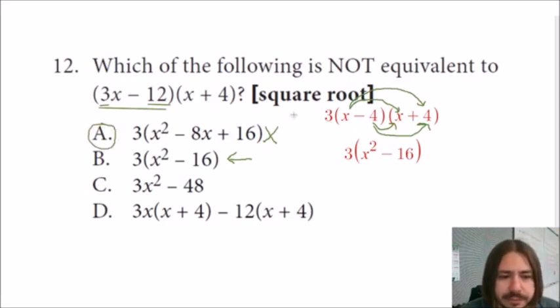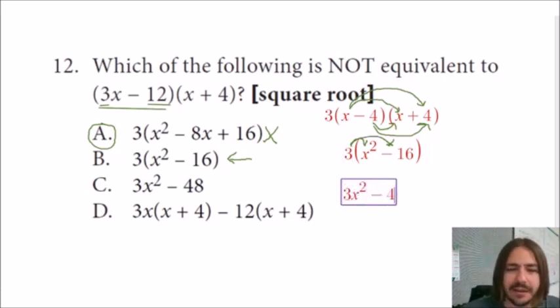But just to double check C and D real quick, if I multiply this 3 back in, if I distribute the 3 here, multiply 3 by x squared and 3 by negative 16, I get 3x squared minus 48.